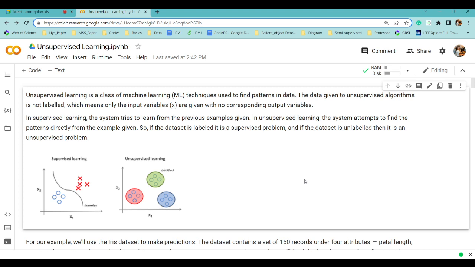That is what supervised learning is. But in unsupervised learning, we don't know what this feature means. That can be a cat, that can be a dog. So we don't have label data, or we can say the ground truth.